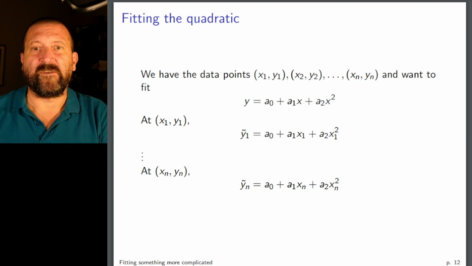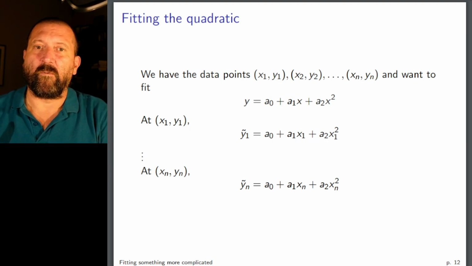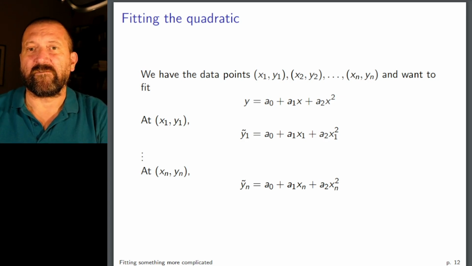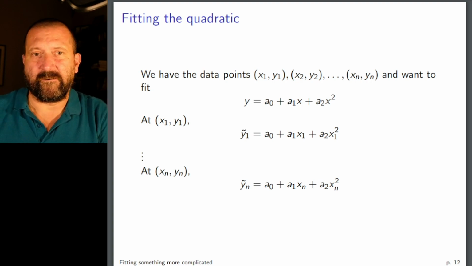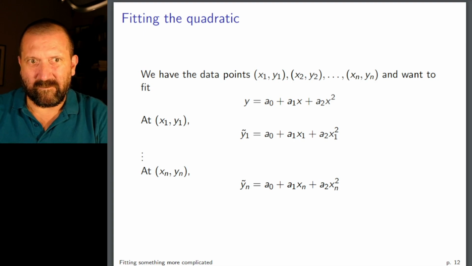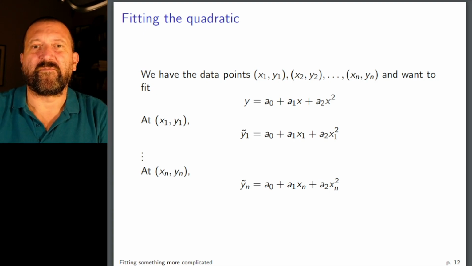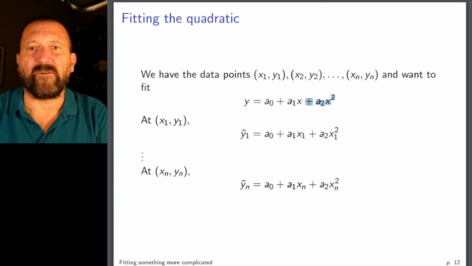And we can continue this all the way to xn, yn, at which point we have yn tilde equals a0 plus a1xn plus a2xn squared. Nothing changes from the previous case, except that we've added these terms here.